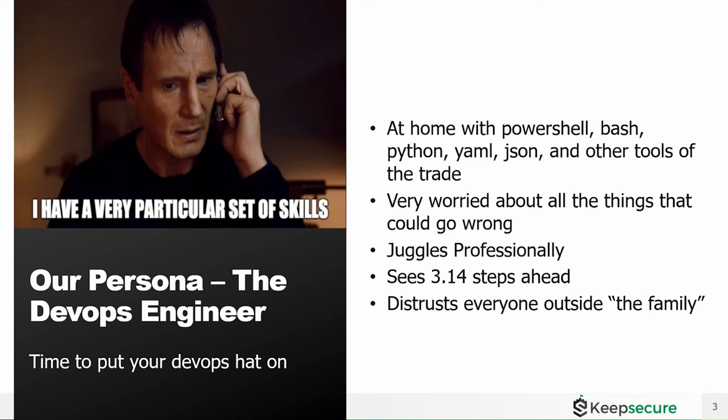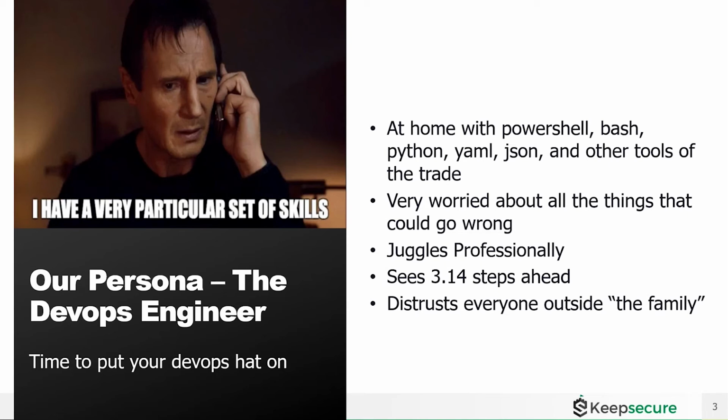Before we get too deep into it, I want people in the audience to take off the data engineering hat or the data science hat and put on your DevOps engineer hat. So you typically have a very particular set of skills. You're at home with scripting languages like PowerShell, Bash, Python.